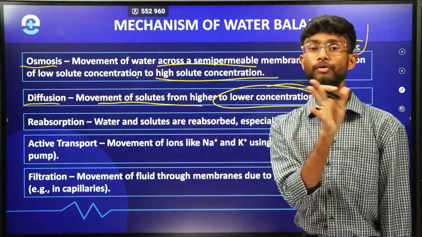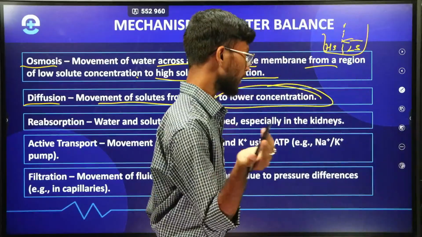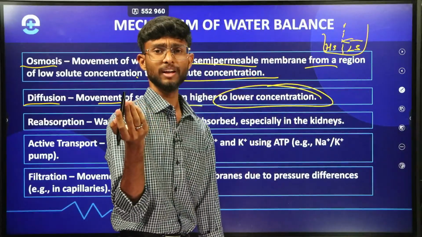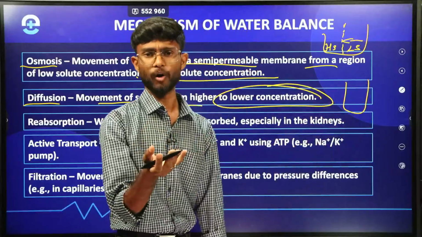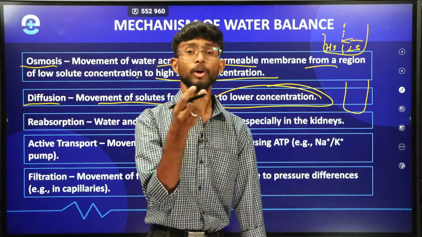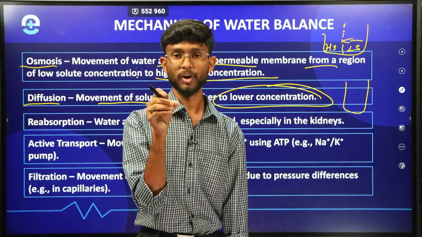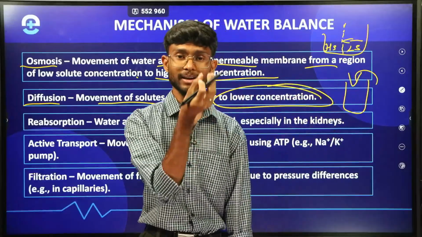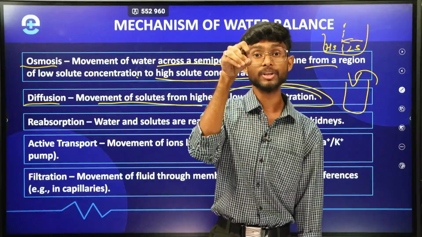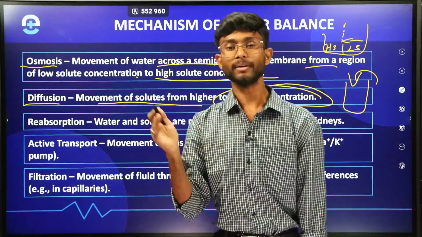For example, you have seen in your +2, you take one glass of water and put some ink in that glass of water. When that ink flows, diffusion occurs. That is what diffusion is.